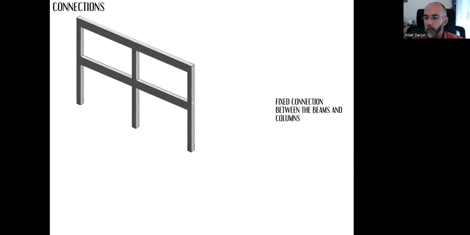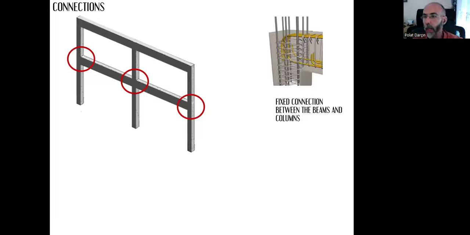However, if we need, instead of no fixed connection, we will have a fixed connection in these points where the columns are meeting the beams, like this. We can provide that fixed connection by tying all the bars of the beams with the bars of the columns.